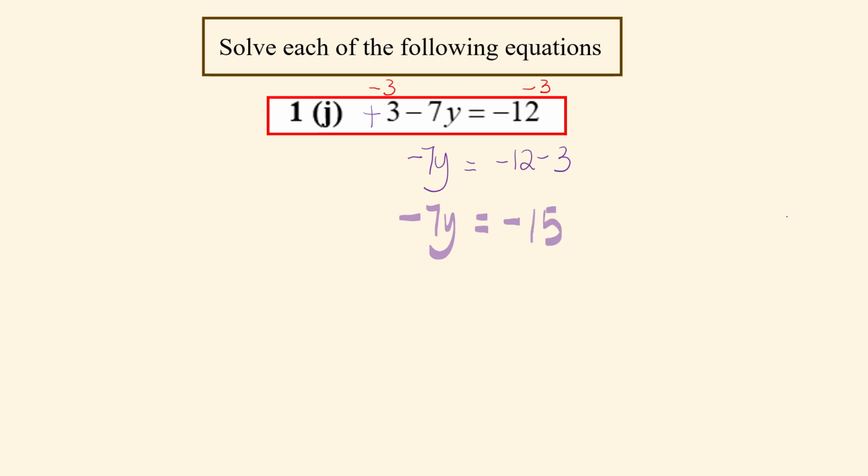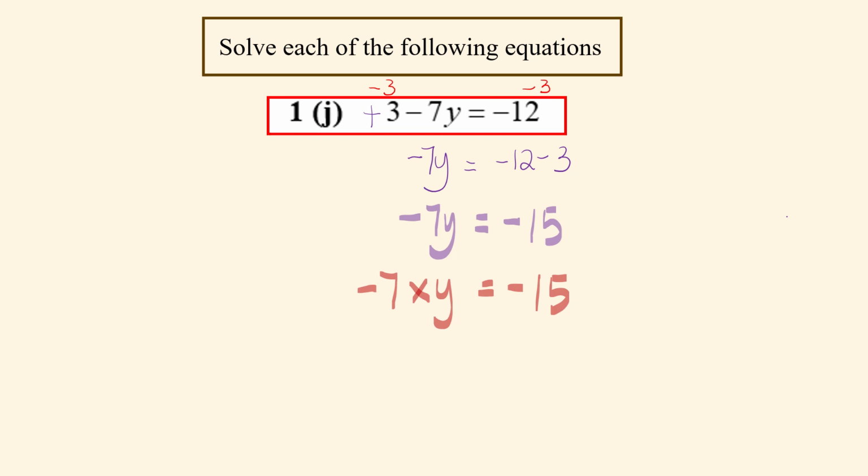The next step is I want to find 1y, because I want to find the value for y. So what does negative 7y mean to you? Yes, negative 7y means negative 7 times y.